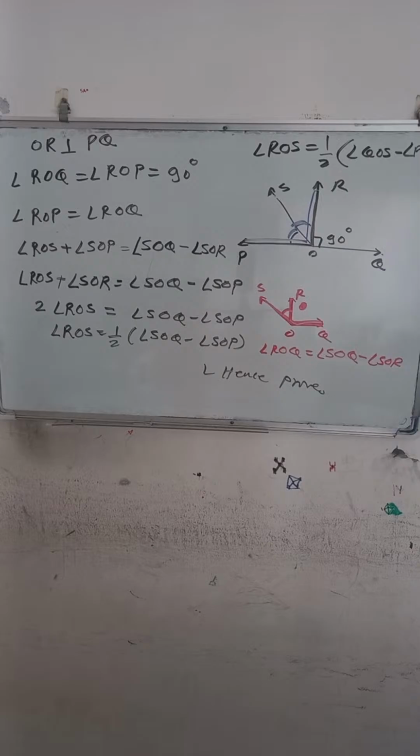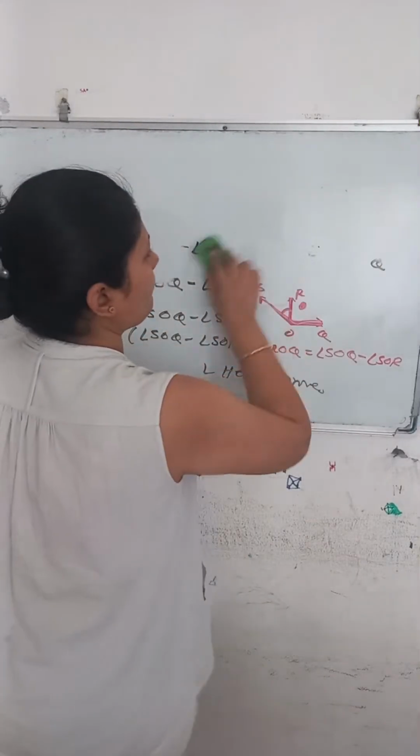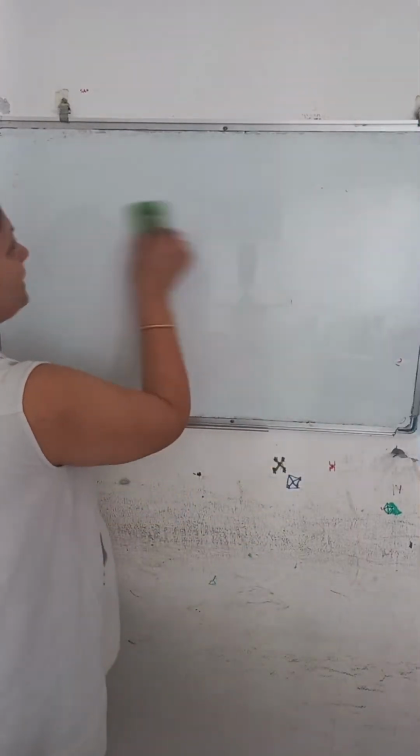If ray YQ bisects angle ZYP, find angle XYQ and reflex of QYP.